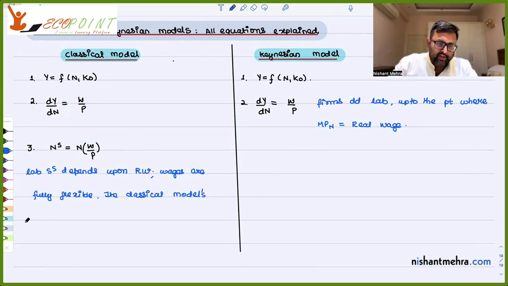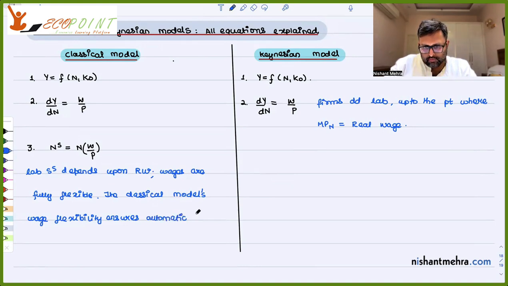The classical model's wage flexibility ensures automatic full employment.